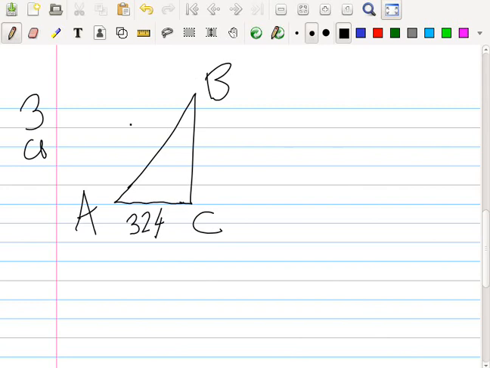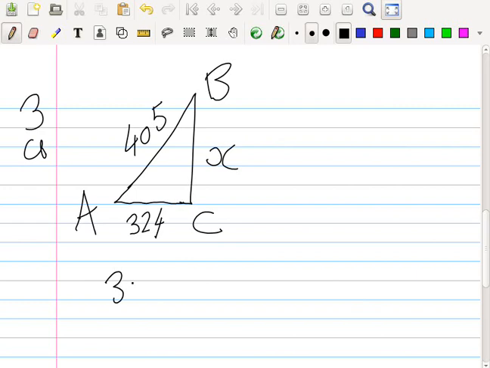A to B is 405 units. So I am looking for the missing side, which is x. And our good old friend, who will help us here? That's right, Pythagoras will help us here.